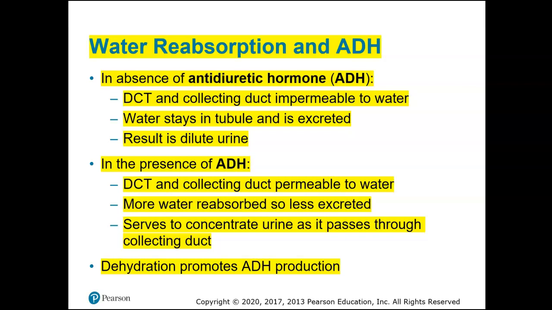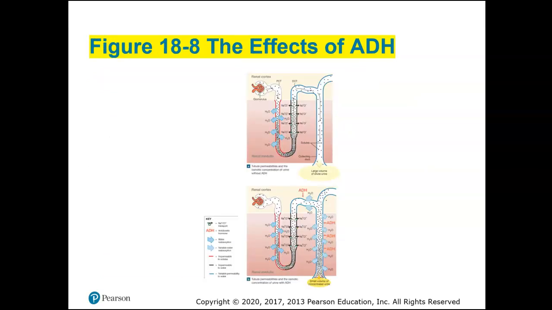ADH is produced by the hypothalamus and released by the pituitary gland. If you're dehydrated, ADH production will increase, and that will cause your urine to concentrate so that you are saving more of body fluids in your blood, and not releasing it as urine.